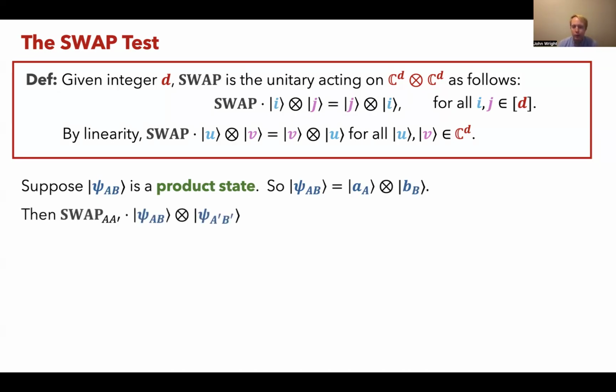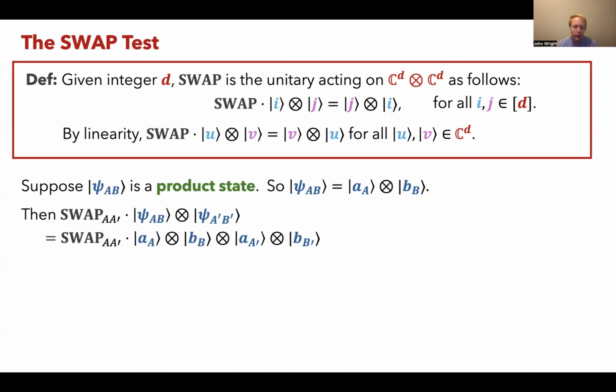Now let's look at 2 copies of psi AB. So psi AB tensor psi A prime B prime. What I'm going to do is apply the swap unitary to the first register of each psi. So I'm going to apply it to A and A prime. Remember, psi AB is just a tensor b. So we can expand both sides into a tensor b's.